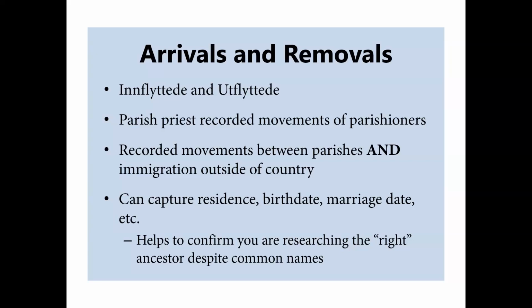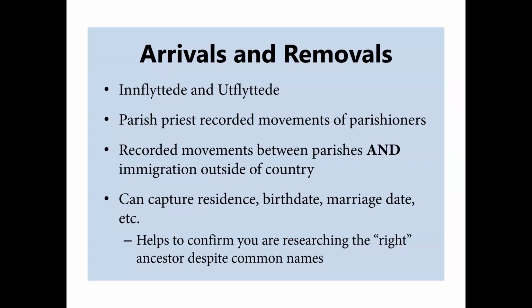These are the records I was talking about that help link your ancestor to make sure you're looking at the right Mari Olasdottir. So say she is a servant in a household, as many young Norwegian women were. They would leave their family's household and become a piga, or a servant, in someone else's house. How do I know if that's my Mari? Well, you would use these arrivals and removals.